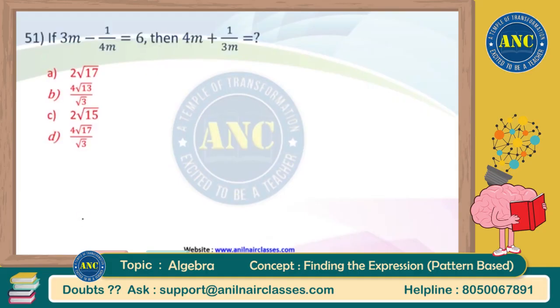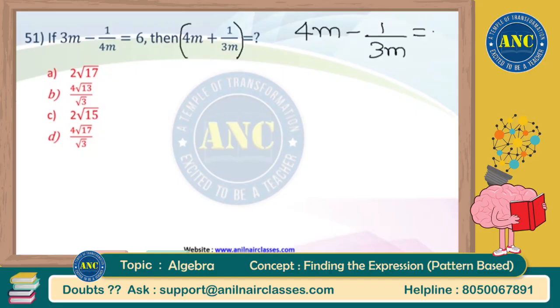Now please see question number 51. If (3m minus 1) divided by 4m is equal to 6, then (4m plus 1) divided by 3m is equal to how much? What are they asking in the question? They are asking for 4m plus 1 by 3m.